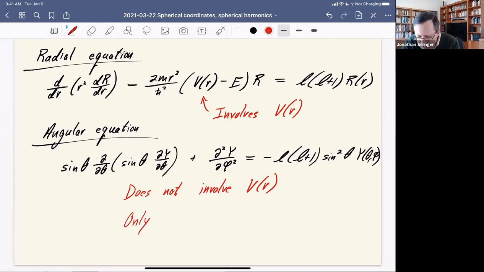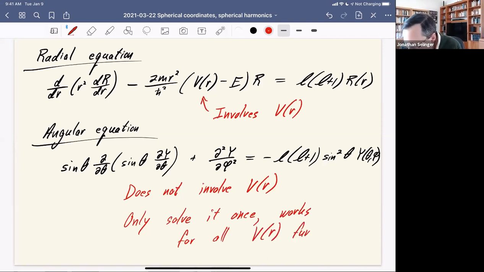We don't need to solve it again for every potential energy. We only solve it once, and then it works for all V of r functions. So I'm going to talk about the angular equation for the rest of today, and then the radial one tomorrow.